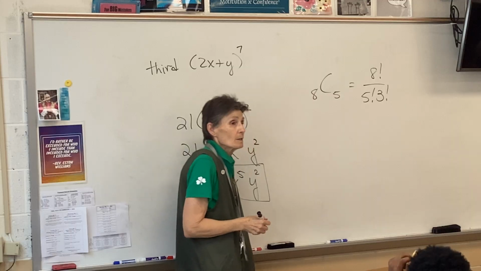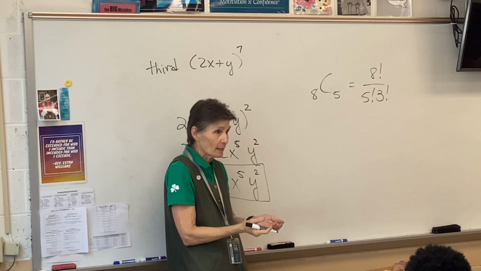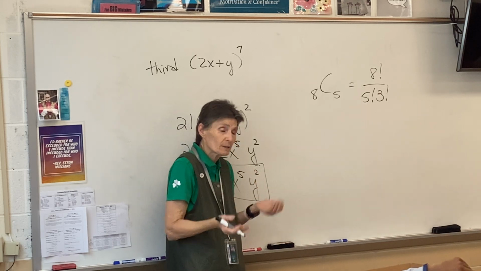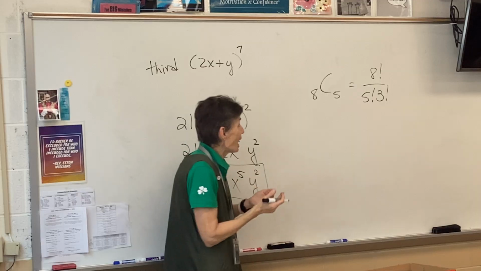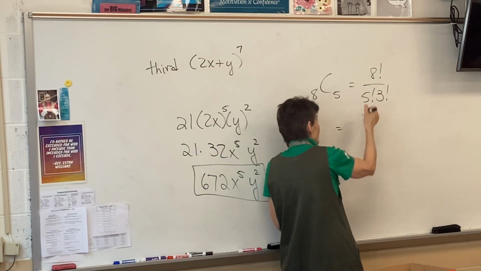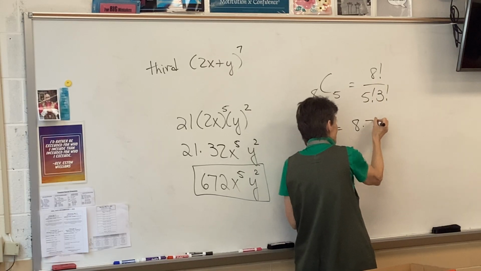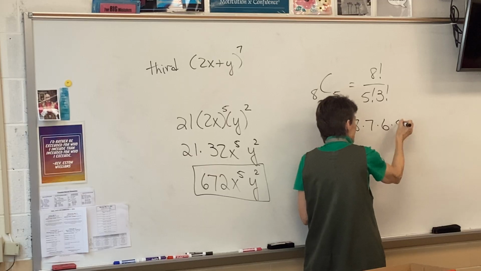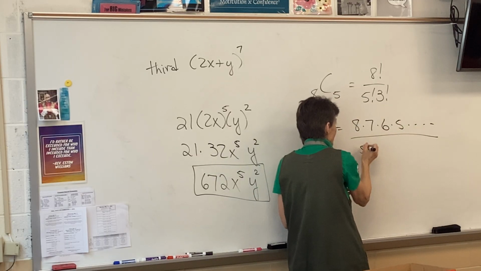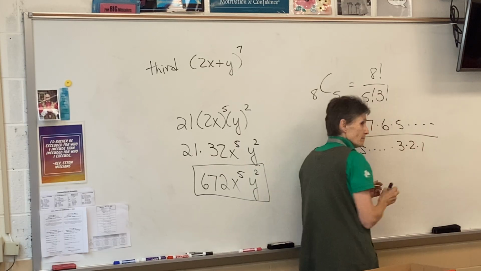Now, we're doing this by hand, so you have a calculator. You can check with your calculator. You can use your calculator for arithmetic, but not until you've canceled out your denominator. So remember how we did that? 8 factorial is 8 times 7 times 6 times 5, dot, dot, dot. This is 5 dot, dot, dot, times 3 times 2 times 1.